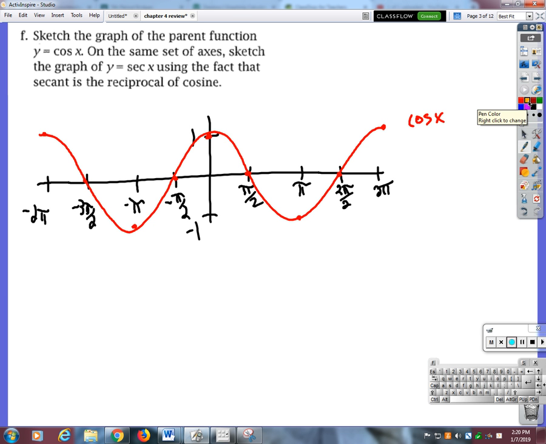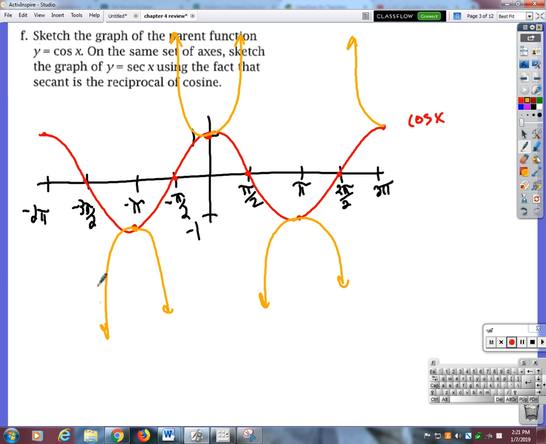Alzheimer's, here we go. All right, so then secant, that means it goes like this. Okay. So the orange is secant.